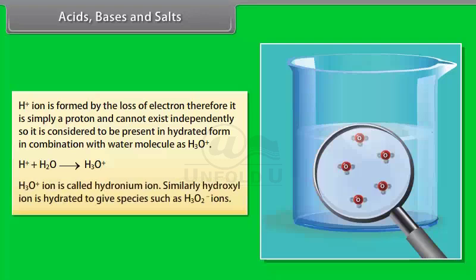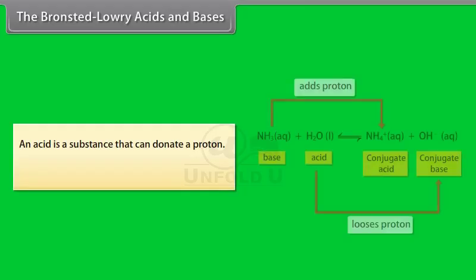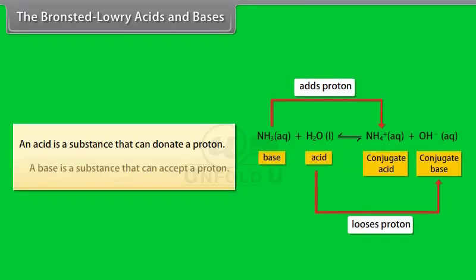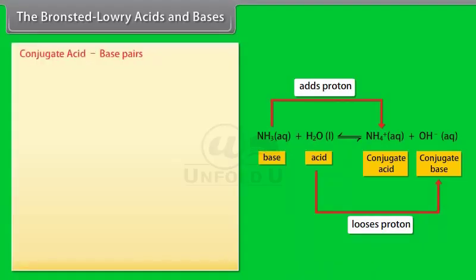Similarly, hydroxyl ion is hydrated to give species such as H3O2- ions. The Bronsted-Lowry acids and bases. According to them, an acid is a substance that can donate a proton. A base is a substance that can accept a proton.